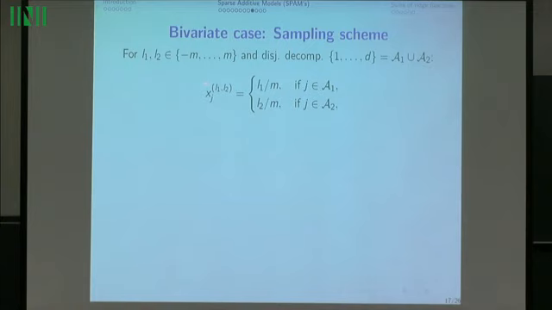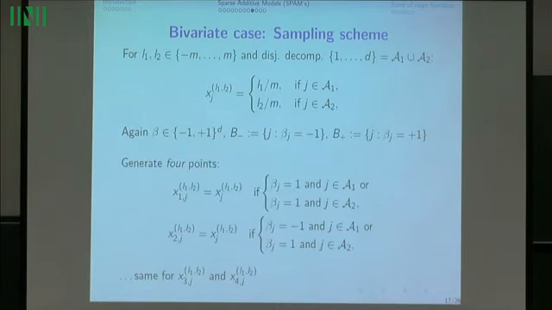So on one part of this set, it's l1 over m. On the second part, it's l2 over m. Now it becomes a bit more technical because, well, this is still the same as before. We take a random plus minus 1 vector with b minus and b plus as before, but from this one point we now cook 4 vectors. So not 1, not 2, but 4.